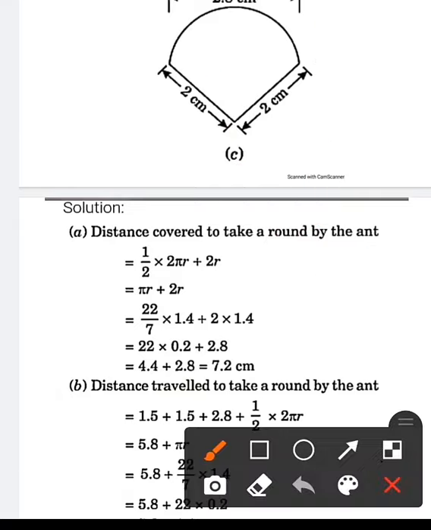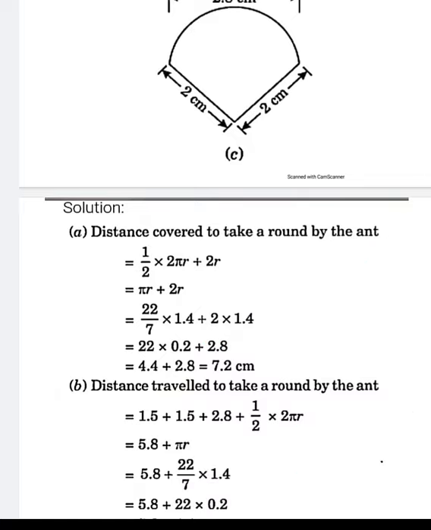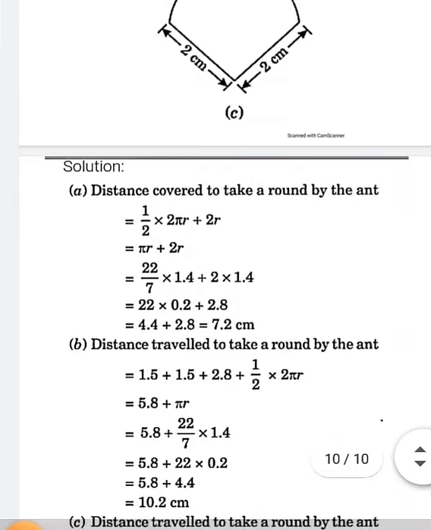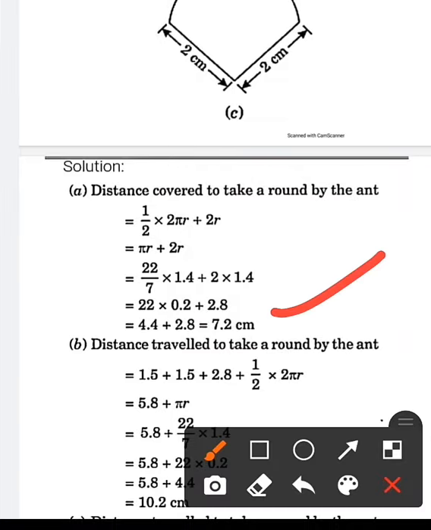So this way you will get 22 upon 7 into 1.4, and here you can directly write plus 2.8, the diameter given in the question. After calculation you will get 7.2 centimeters. So this is the first one.